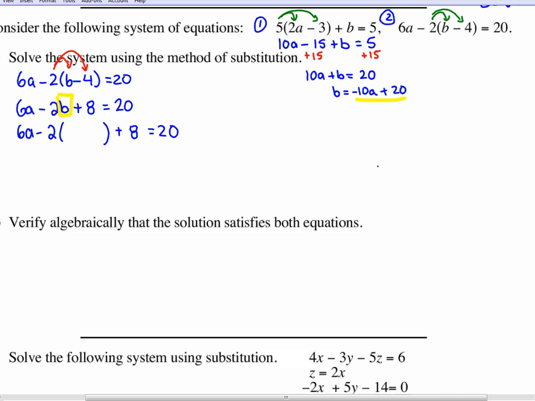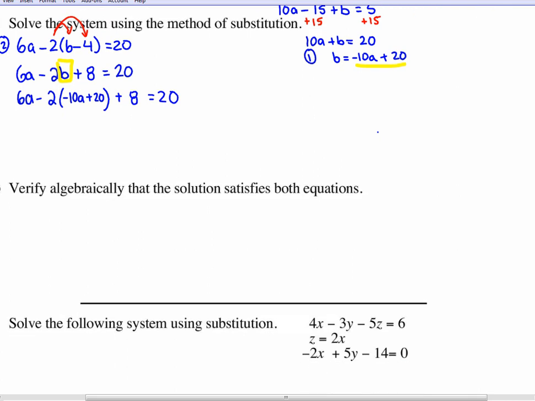So we're subbing equation 1 into equation 2. Can you see that all right? Okay. So now what?